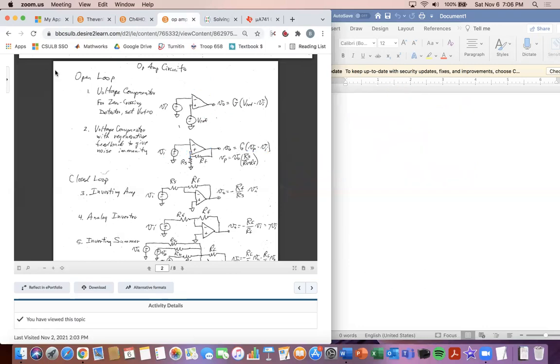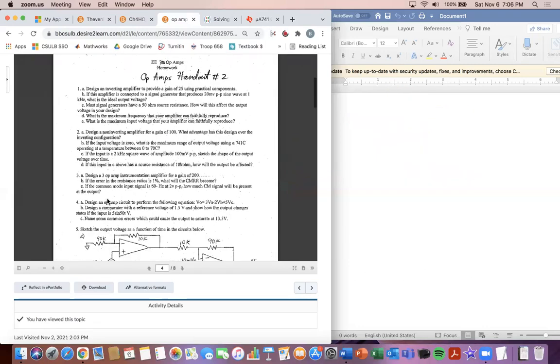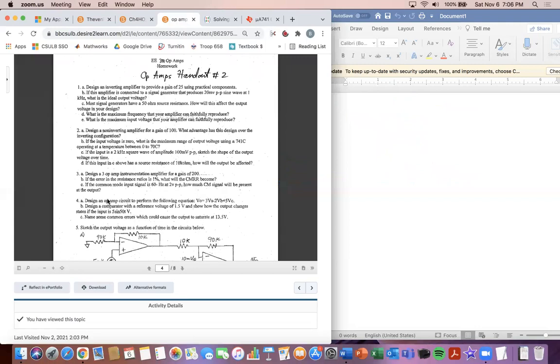Okay, now that we talked about that, number 2: design a non-inverting amplifier for a gain of 100. Okay, so let me do this. Non-inverting amp. The voltage source is hooked up to the positive terminal here, and then the negative terminal is going to be hooked to ground.